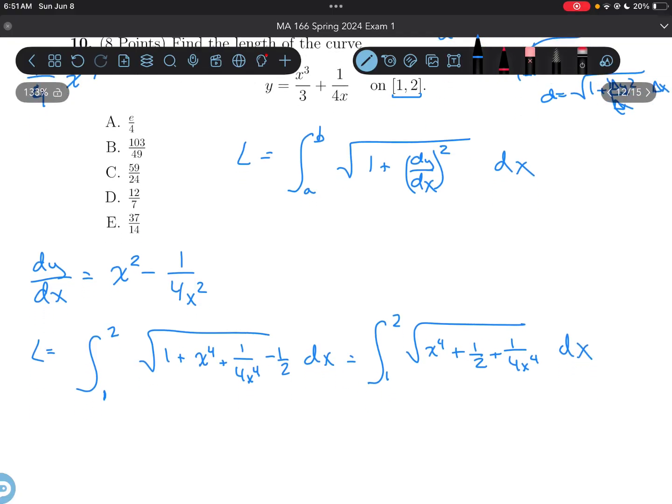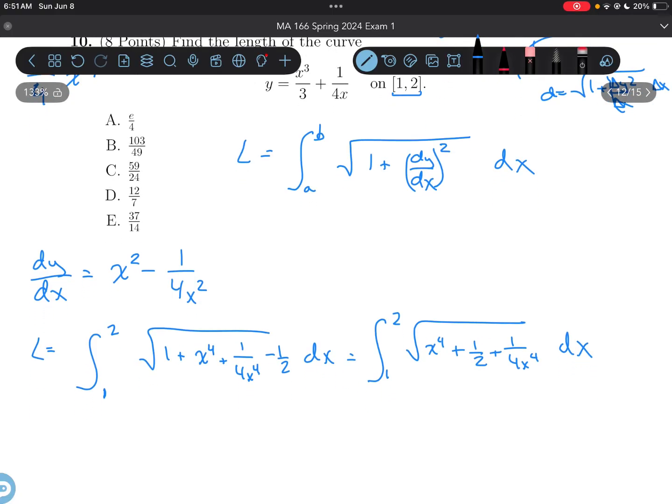Okay, and so you'll notice that for this problem, they want us to actually get to a number, so a formula alone is not enough. So somehow we have to find the square root of this, and that's not impossible. You'll notice here that this expression looks very similar to this expression, except instead of a plus 1/2, we have a minus 1/2 over here. And this is the square of x squared minus 1 over 4x squared.